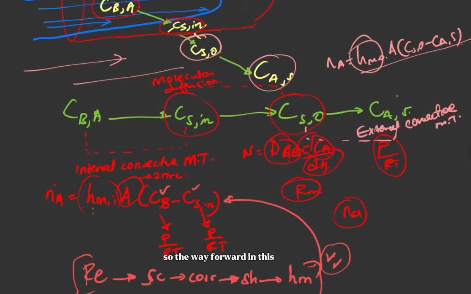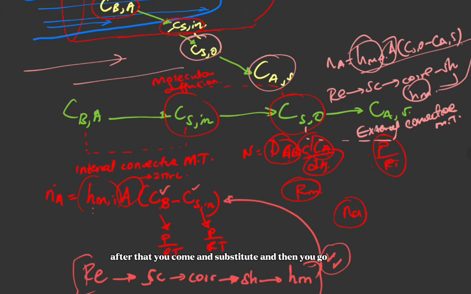So the way forward in this, the area is still going to be the whole area that we have, since the whole pipe is exposed to the air. But the steps are the same: Reynolds number, Schmidt number, correlation, Sherwood number, and then h_m. After that, you come and substitute, and then you go.